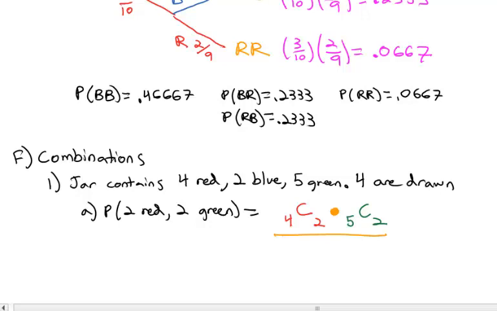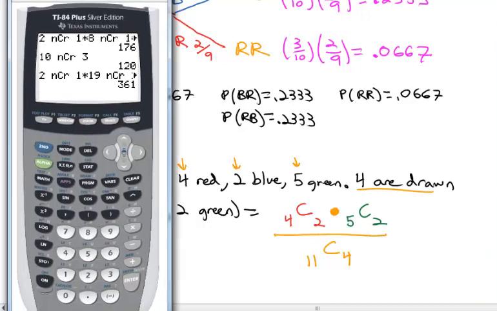The total number of marbles we have are 4 plus 2 plus 5. There's 11 marbles we're choosing from, and we are drawing 4 marbles. So this is the same exact setup we saw with the basic probability. We're just using combinations to help us count the number of desirables and help us count the entire sample space. Bring the calculator to where we can see the problem.